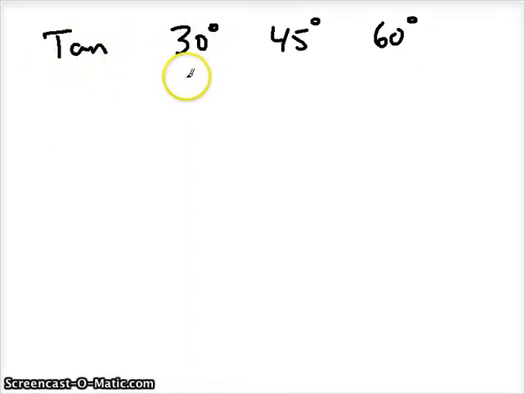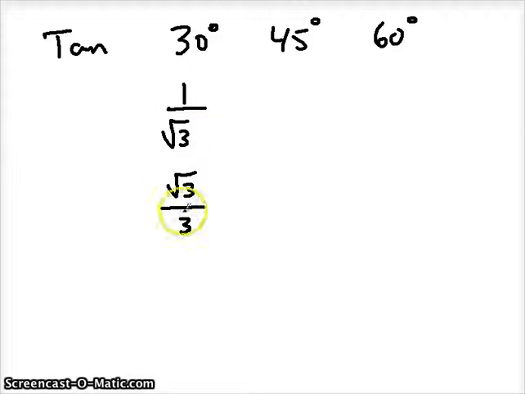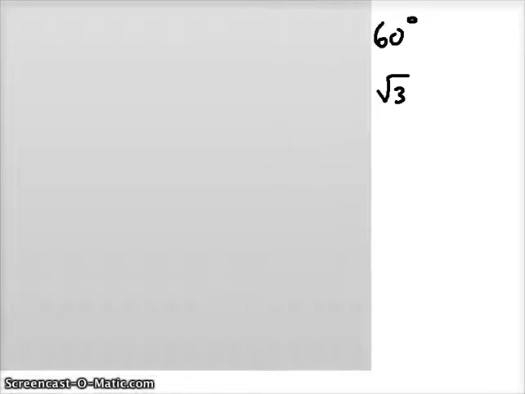If you know that the tangent of 30 degrees or pi over 6 is this form, or it could also be written if we were to rationalize in this form, being able to recognize that as the tangent of 30 is really helpful. Tangent of 45 is always going to be 1, and the tangent of 60 or pi over 3 is always going to be just the square root of 3. And so if you can recognize these, it makes it so much better. Let's try a tangent equation.